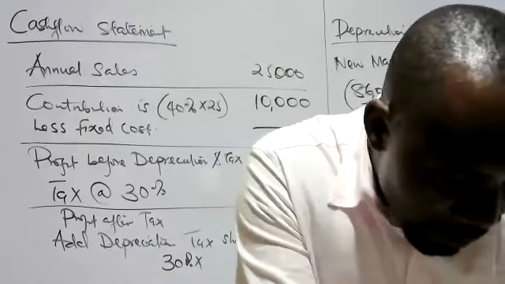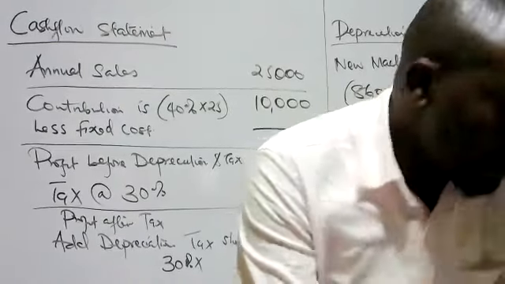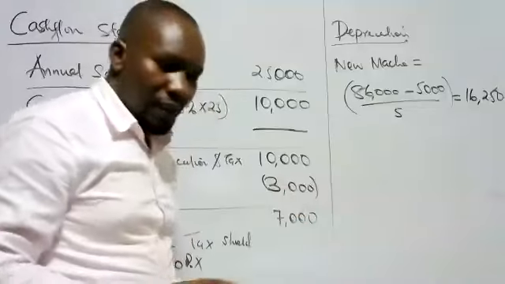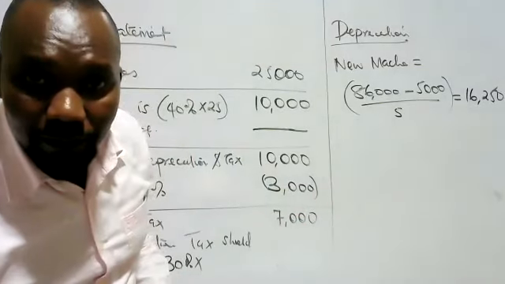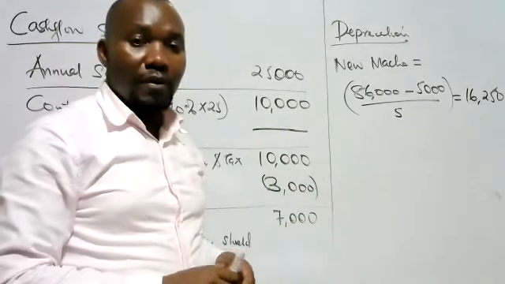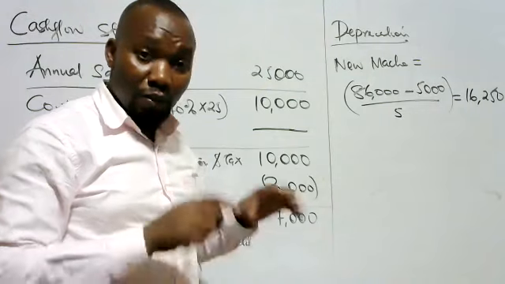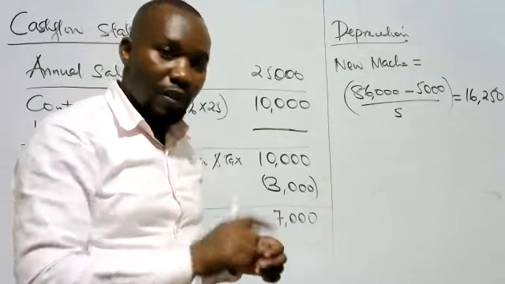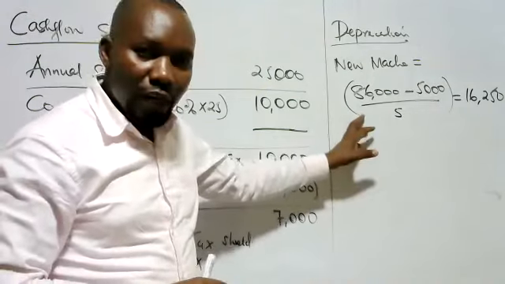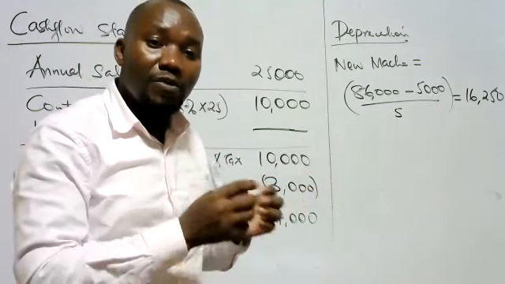Then, what about the old machine? We were supposed to have the old machine, which we could have depreciated as well. But we have the new one, which we are depreciating. Depreciation tax shield is the advantage that you're getting.